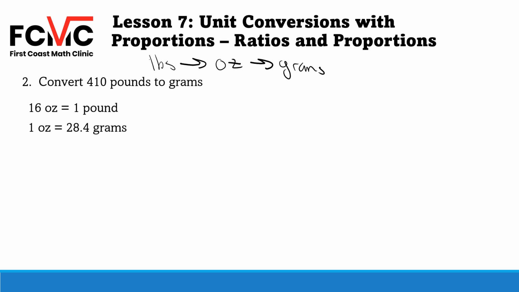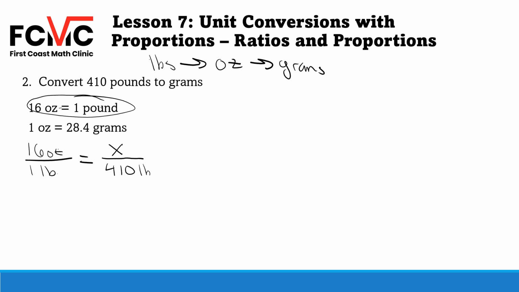So let's go from pounds to ounces first and use this. This is our first ratio. So let's do 16 ounces over 1 pound equals, and again we want ounces over pounds, so ounces is going to be our unknown, that's going to be our x, and our pounds is going to be 410 pounds, right?